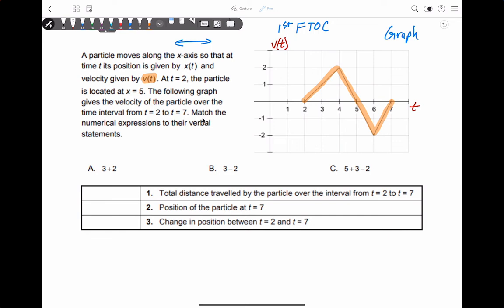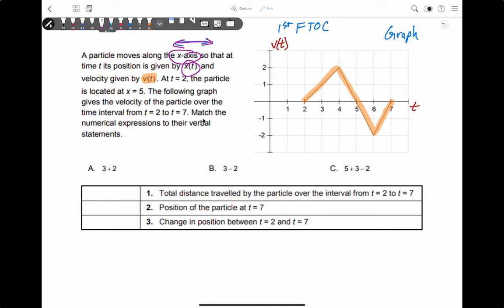But it says a particle moves along the x-axis, left and right, so that at time t, its position is given by x of t. Okay? x of t is a position that you don't necessarily see on this graph. It's just told to you, correlated with x of t.